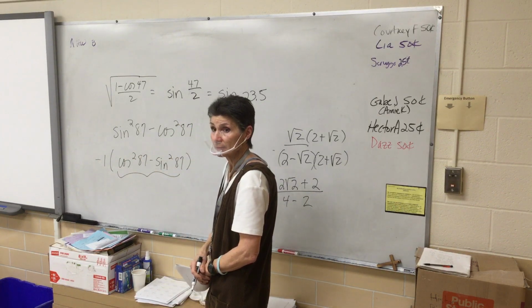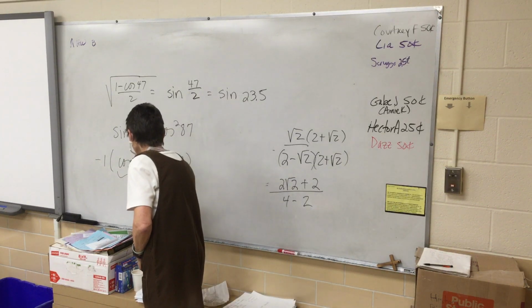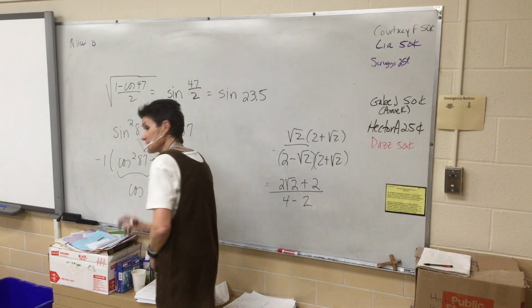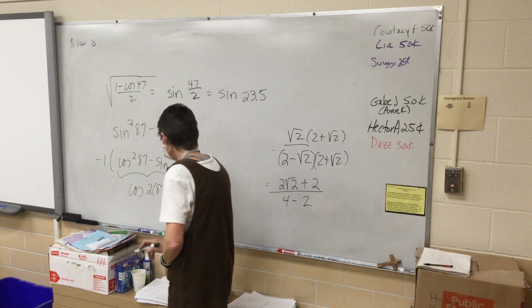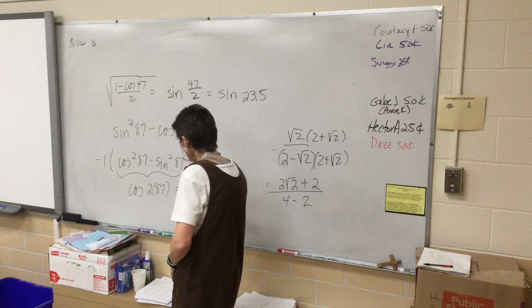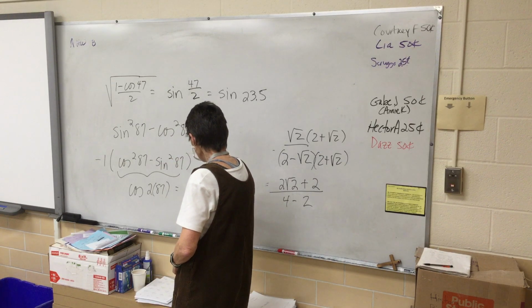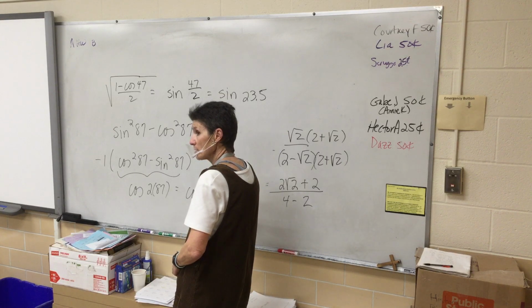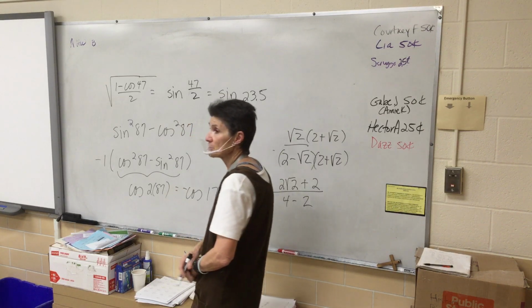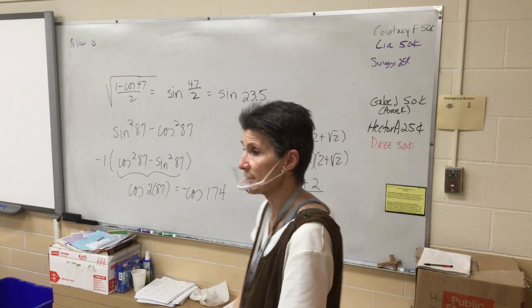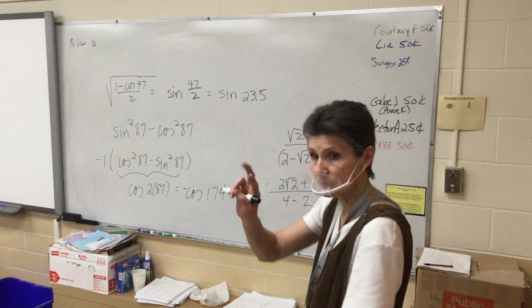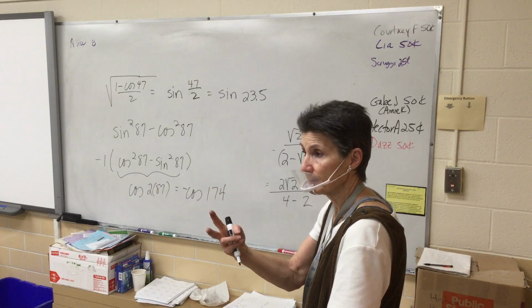That's on your sheet, and that's the formula for the cosine of 2 times an angle, and the angle is 87. So that's a formula for the cosine of 174, but it's backwards, so it's the opposite. It's the opposite of the cosine of 174 because the formula was backwards.